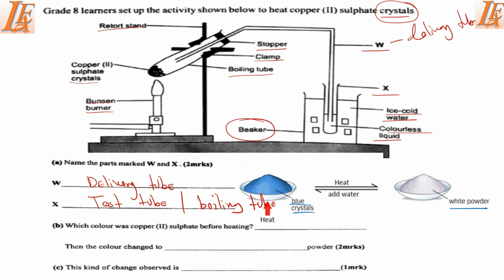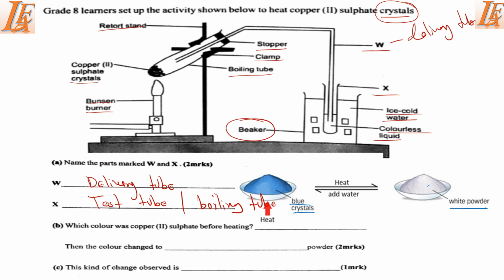Then when you add water into this white powder, it changes back into a blue crystal. That's why we have these arrows. Remember, we discussed earlier that this is a forward process and the other one is a backward process. So this process is reversible. The color before heating is blue.